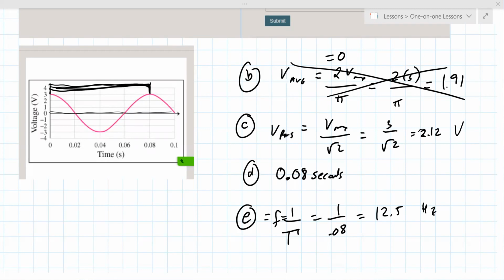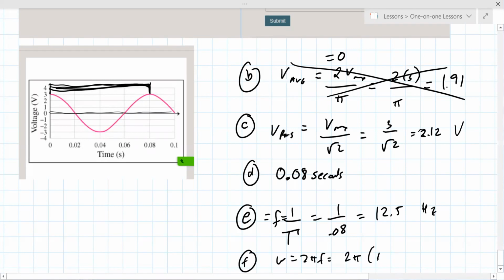So that is like 2 pi F. So part F, W is equal to 2 pi F. So it's 2 pi times 12.5, which is 78.5 for your angular frequency. That's correct.